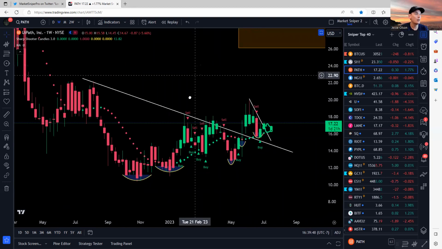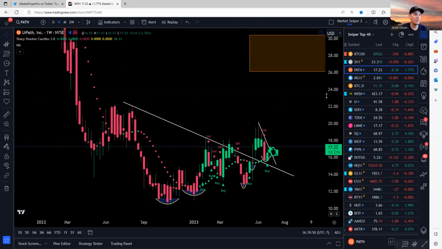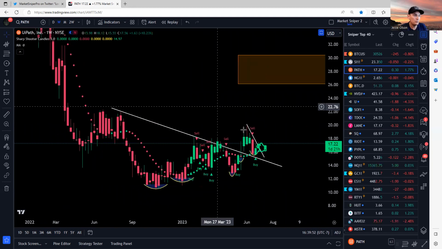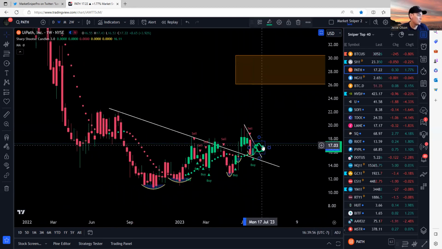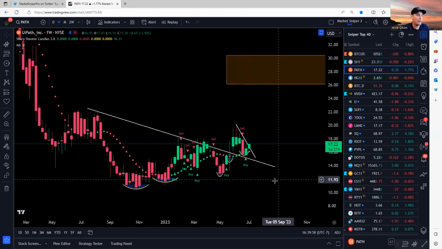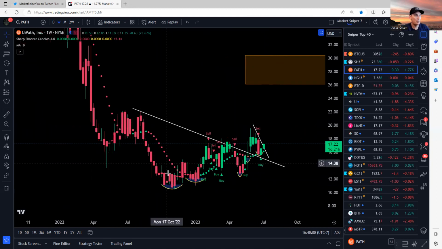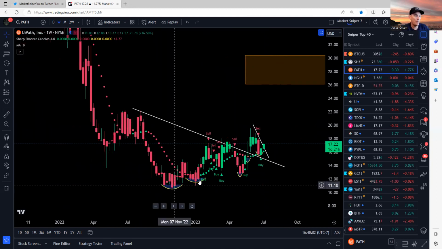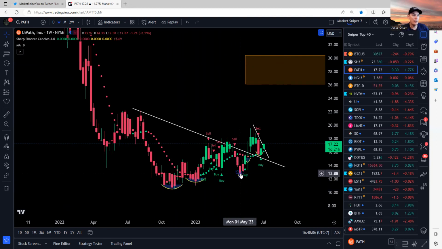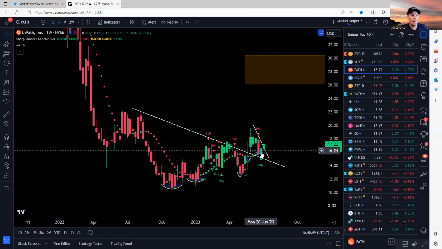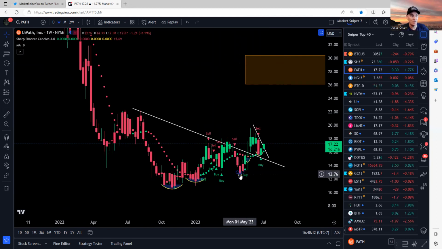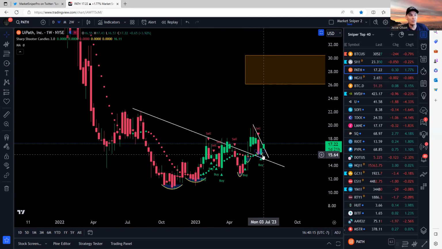If you zoom out a little bit, this is the weekly chart. Let me take this off here, and you can see where it's been consolidating. Going back here, you have the low, a higher low, and it put in another higher low here, and then this is the one we saw on the daily chart, and this could be another higher low.